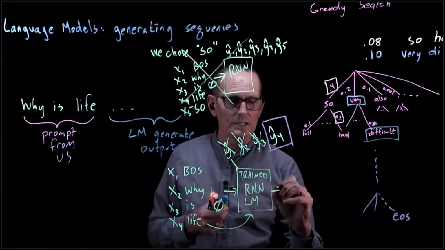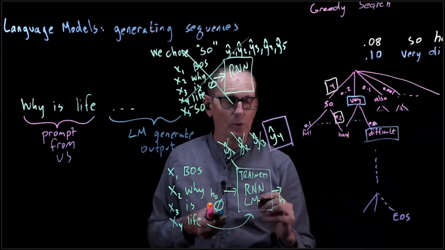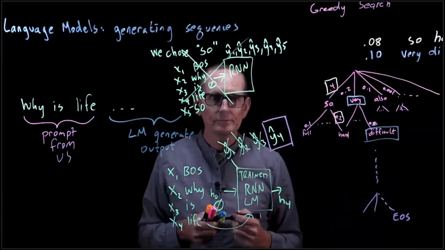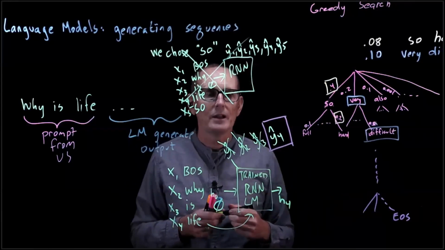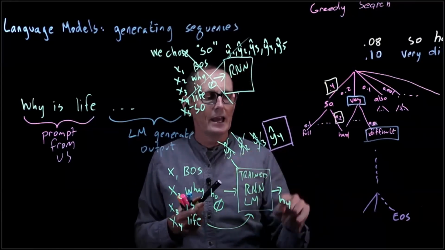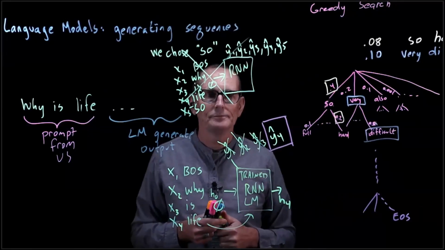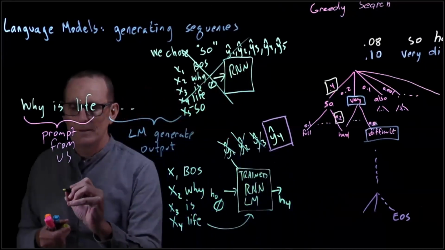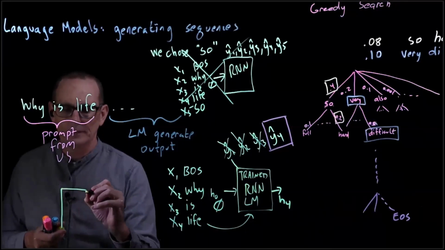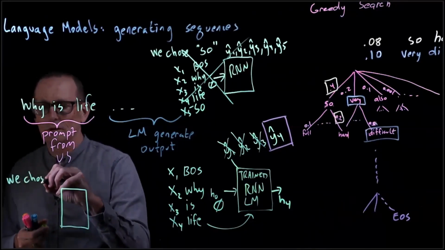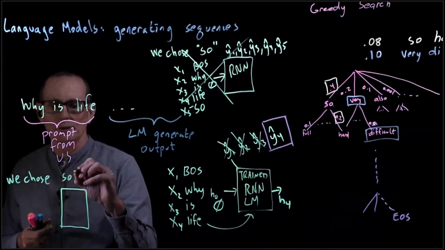Instead, we're going to take this output here. So we know we got out an h sub 4. Normally, we don't use it. We don't care about it. We got out the y hats, and we got the h sub 4, and often we just throw the h sub 4 on the ground. But instead, here's what we're going to do. So we chose "so".